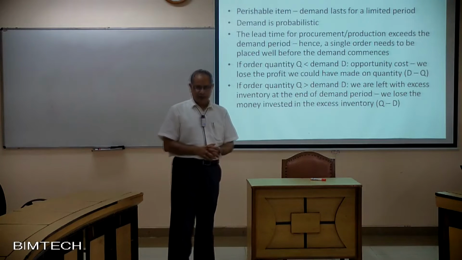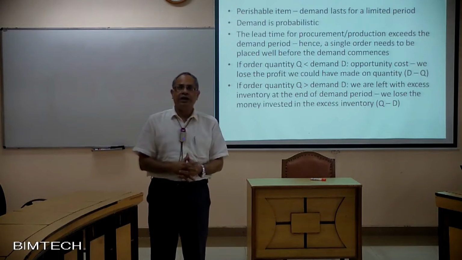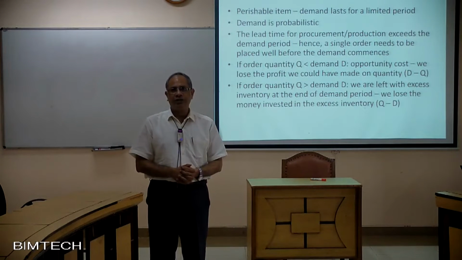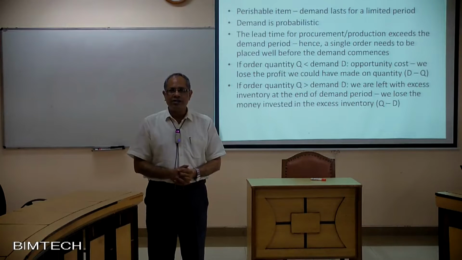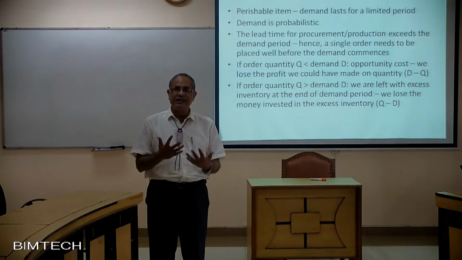Second is that the demand for this item during that period, when the demand happens, is probabilistic. What it means is that the demand is a random variable.